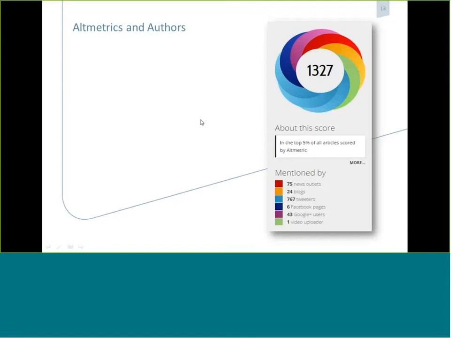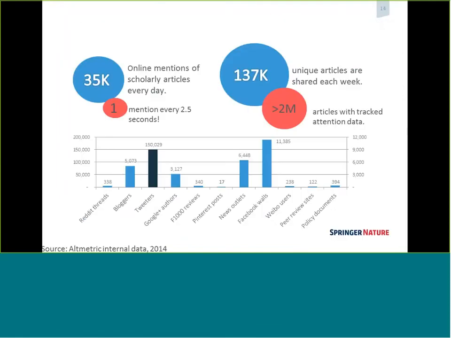Now, if we look at the relation between Altmetrics and authors, we see that there's a lot of Altmetrics these days. This is data from Altmetric in 2014, so I'm sure by now the numbers have doubled. But then we already had 35,000 online mentions of scholarly articles every day.